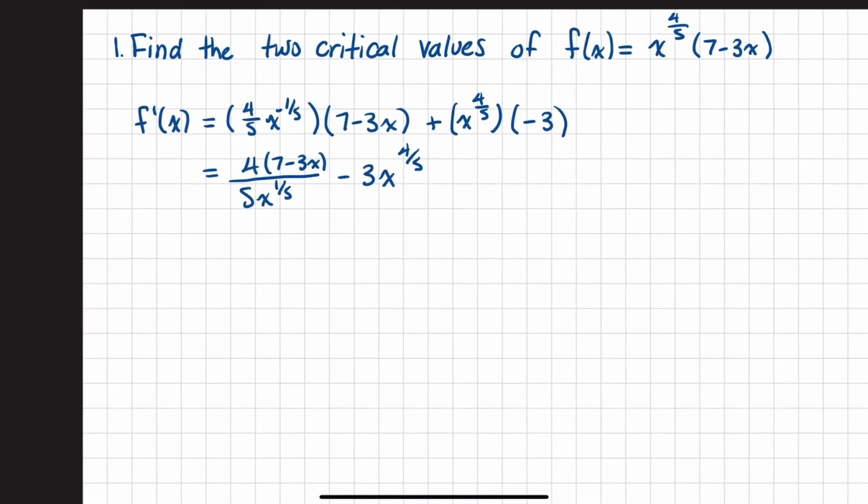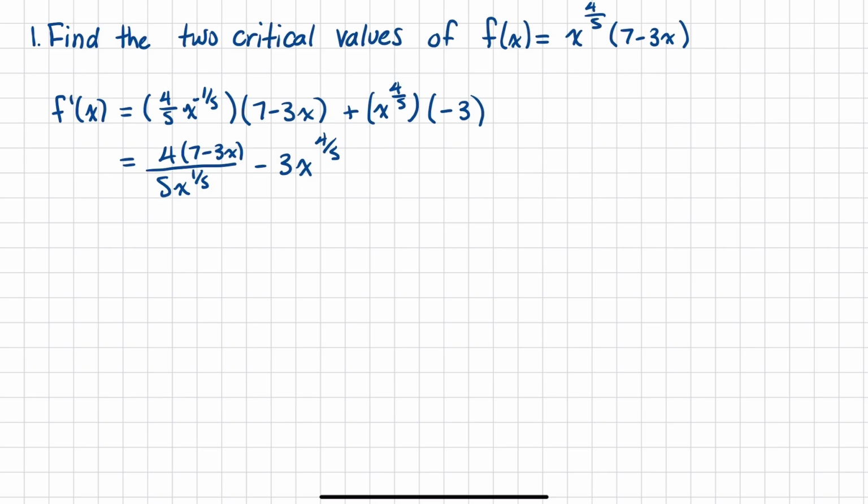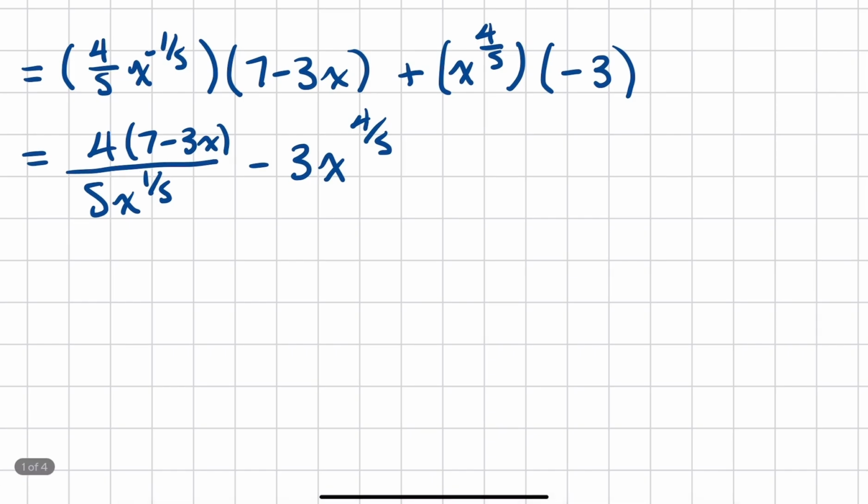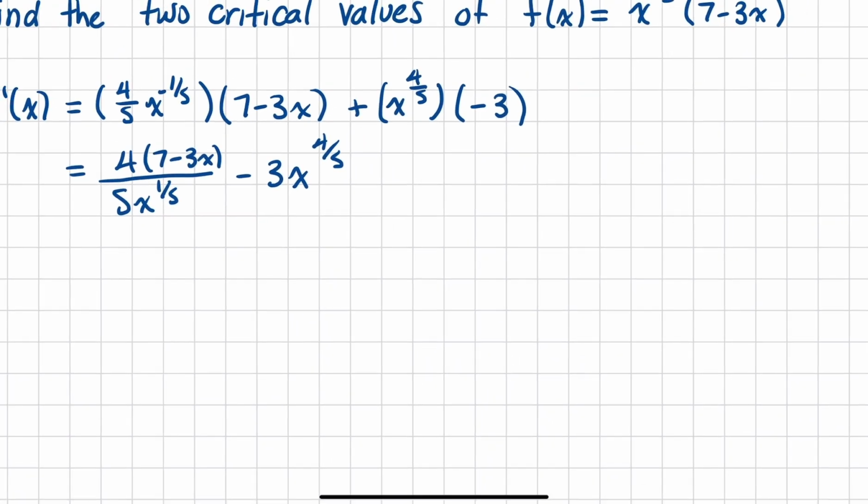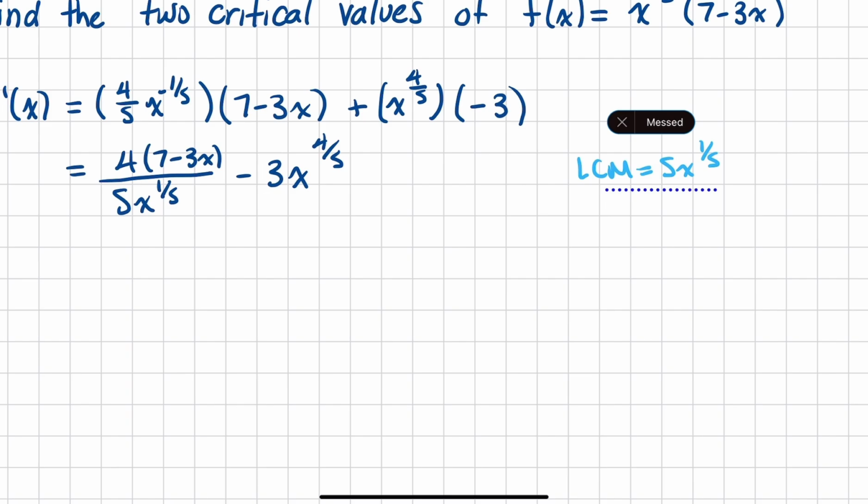Now, to find the critical values, all you have to do is set it equal to 0. However, we do not have a common denominator right now, but we can fix that by looking at what our lowest common multiple is. Right now, our lowest common multiple is 5x to the 1 over 5. So we can say that our LCM is equal to 5x to the 1 over 5, and I'm just going to multiply this term by the lowest common multiple as well.